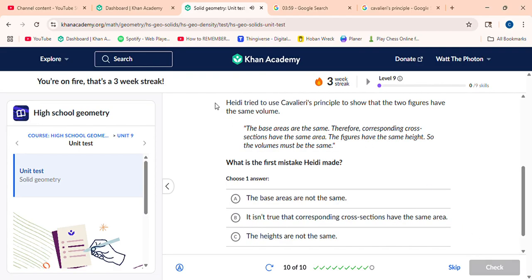How do you use Cavalieri's principle to show that two figures have the same volume? The bases are the same, therefore the corresponding cross sections are the same. The figures are the same height, so the volume must be the same.